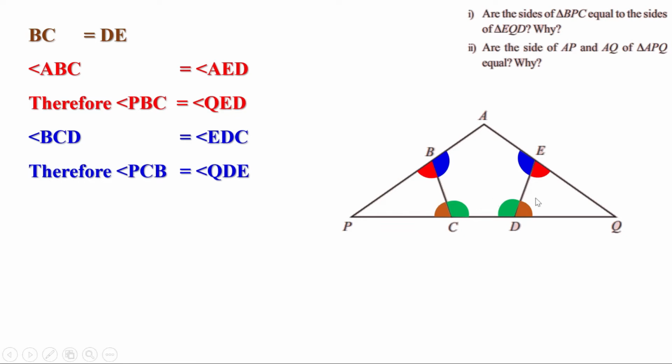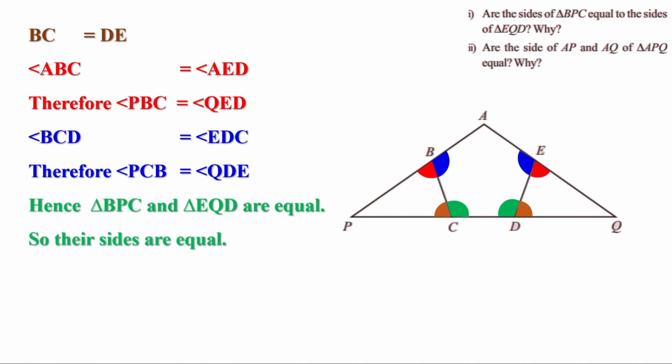Now look at these two triangles. This side and the two angles at the ends are equal to this side and the two angles at the ends. Therefore, these two triangles are equal. Since the two triangles are equal, their sides are also equal. Therefore, the sides of triangle BPC and triangle EQD are equal.